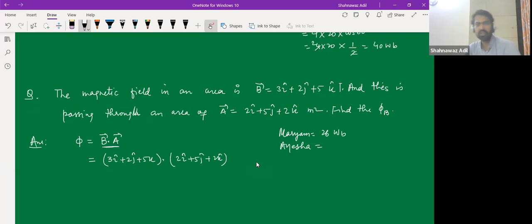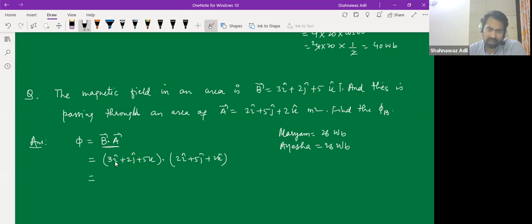So please calculate and tell. 26 Weber. Good. So you both got it.